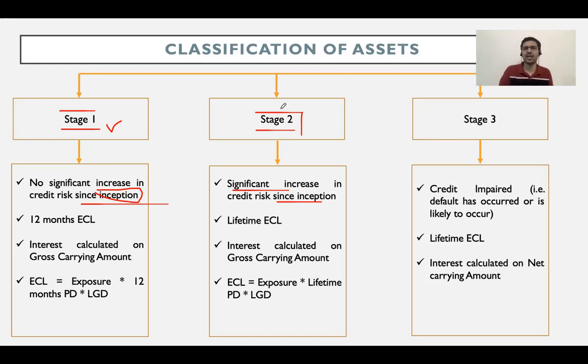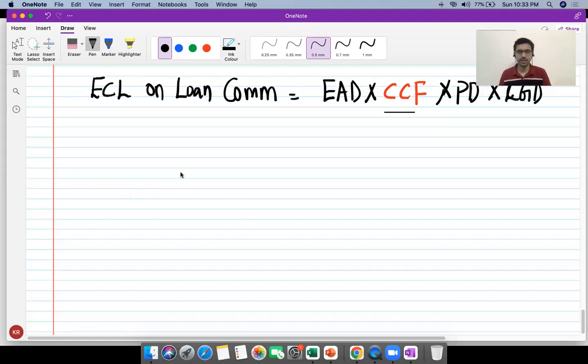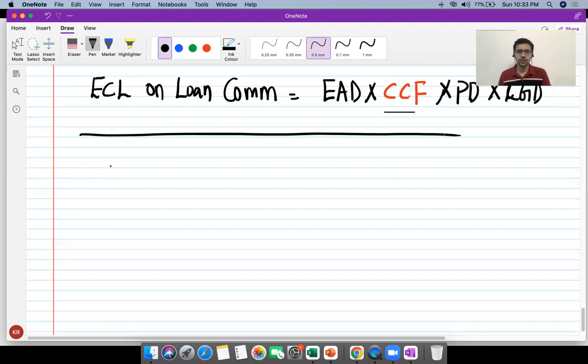Now the question is, why am I even classifying it into 3 different stages? What impact does it make? So we had the formula earlier of ECL being equal to EAD multiplied by PD multiplied by LGD, right?